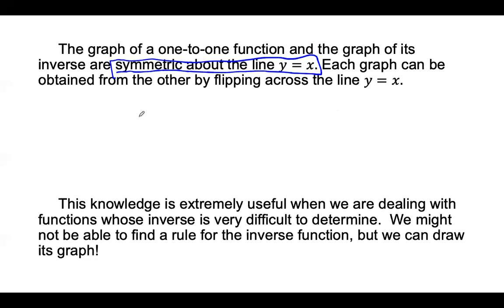Another example would be the graph of, let's just draw a quick one, the function f of x equals x plus 1. Well, we just move it up 1 unit. We know it's going to be like this.